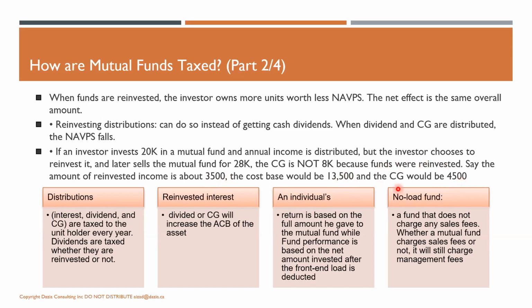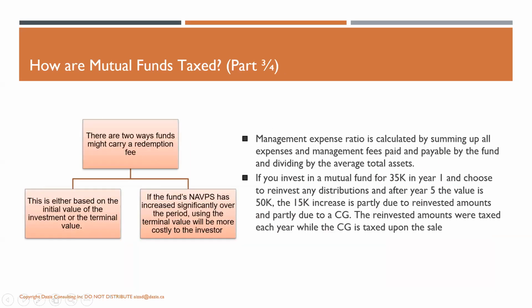The capital gain is going to be, okay, sorry, I need to fix that. Actually, that's not correct. 20,000 minus the cost base, 13,500. So it would be 6,000. Sorry, I'm going to have to fix that. Let me show you here. Let's go back to the other one. I'm going to show you in the example here in the mutual fund.